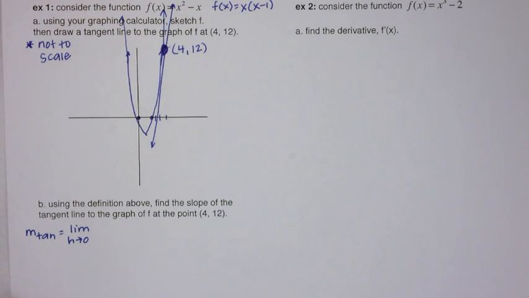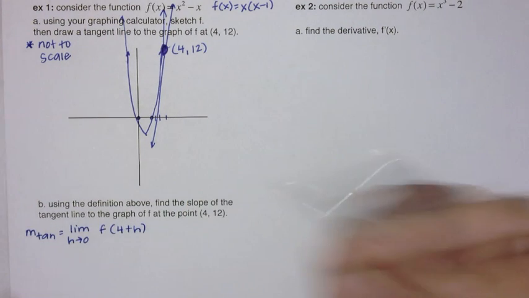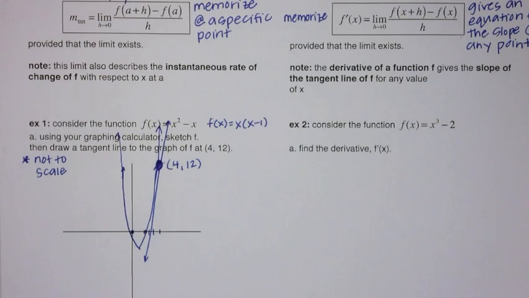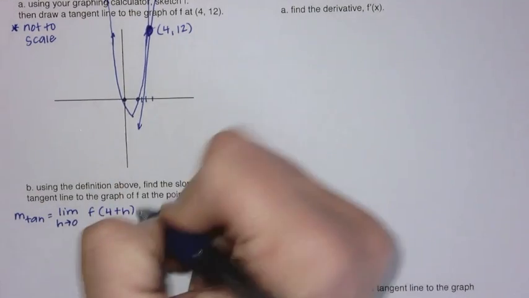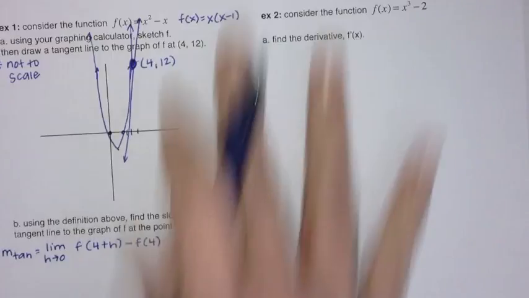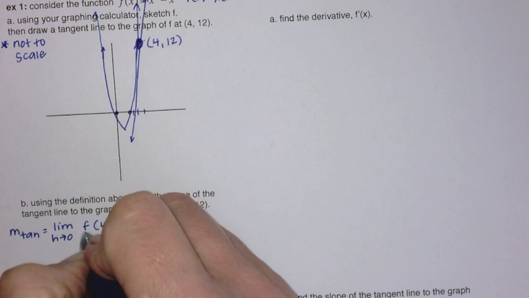As h approaches 0 of f of 4 plus h, so you see what I've done is I've taken the a in the equation and replaced it with 4, because a is my x coordinate in this specific problem, minus f of 4, which by the way is going to be 12, all over h.